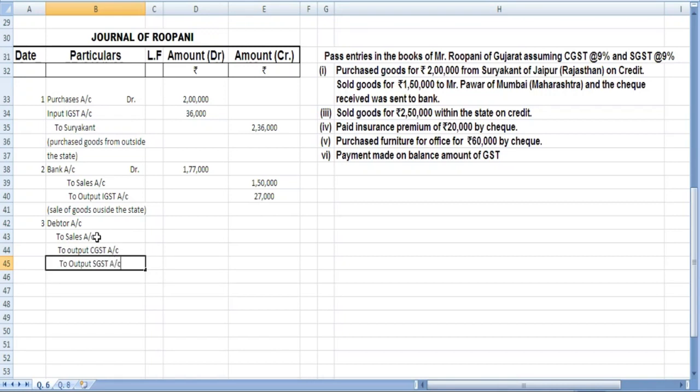to output SGST account. So here in the sale column, sales is 2,50,000. Okay, so 2,50,000. Now 9% of 2,50,000 will be 22,500, and here also 22,500. So when we add these all, we will get 2,95,000.